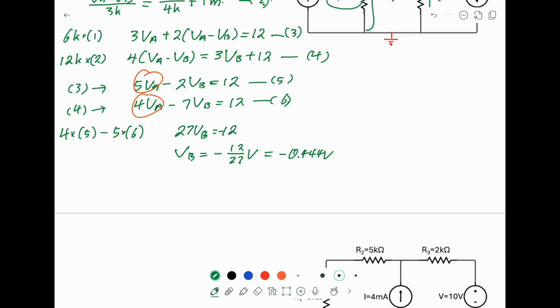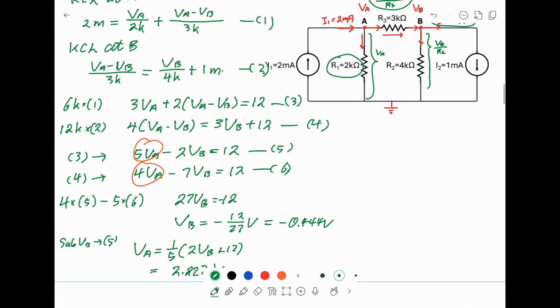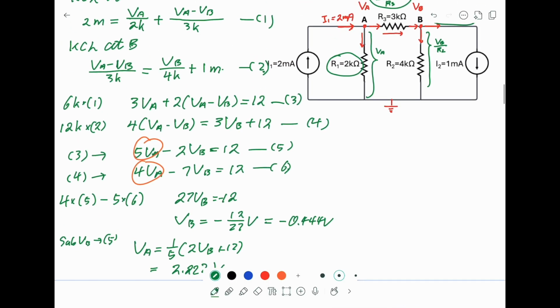I substitute into number 5, so VA is equal to 1/5 of 2VB plus 12. Substitute the numbers and you get 2.222 volt.